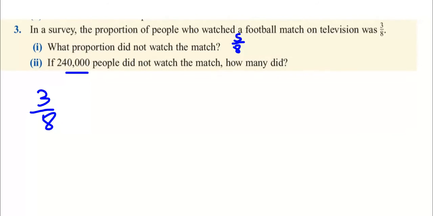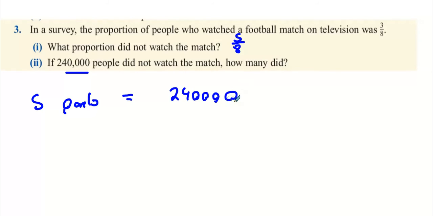Now, here's the way you have to look at this. 5 parts of the people didn't watch the match. So 5 parts of the people equals 240,000. And 3 parts is how many people did watch the match. And there are 8 parts in total to represent how many people were surveyed.